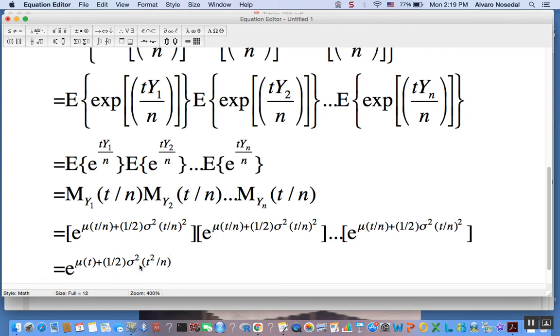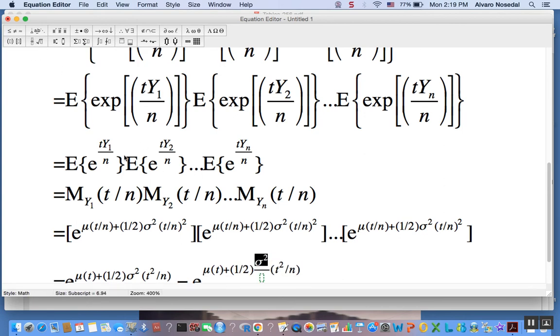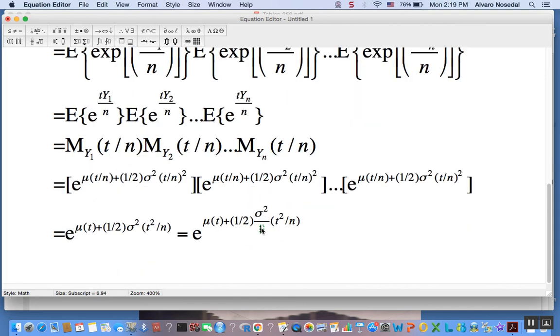Instead of the variance being sigma squared, we could rewrite this as follows. This is the same as sigma squared divided by n, and then we just get rid of this here.